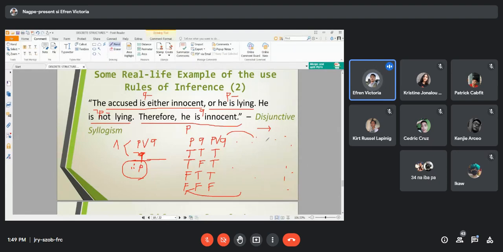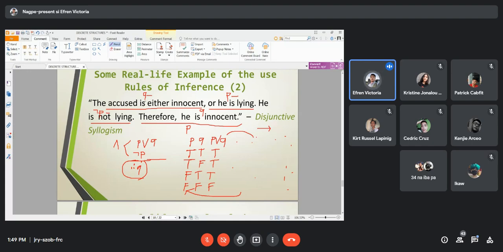So, yung original form is, ito ay not P. Ito ay not Q. Okay.